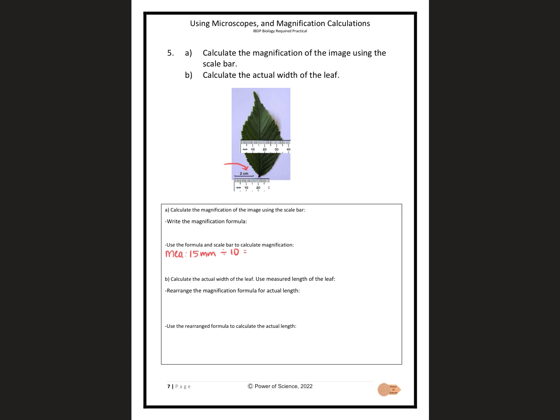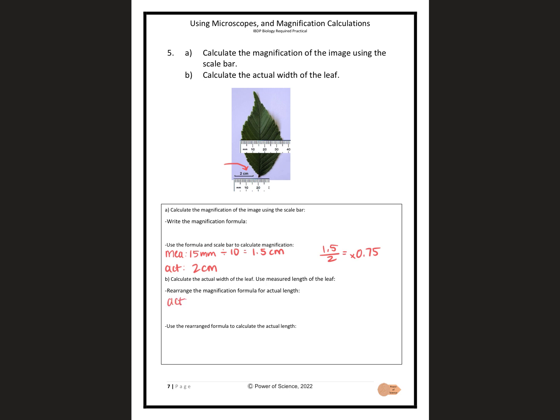So this is 1.5 centimeters. And then our actual is 2 centimeters. So 1.5 divided by 2 gives us 0.75 as our magnification. And this also should make sense because we can see the whole leaf and we're not looking at something super tiny. And so we're looking at a 0.75 magnification.